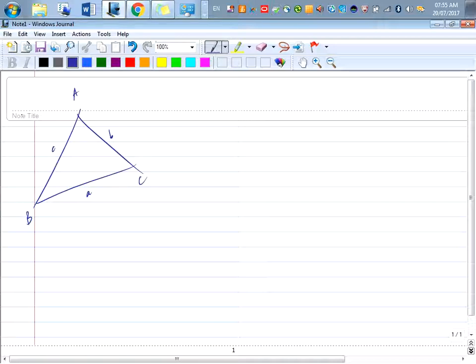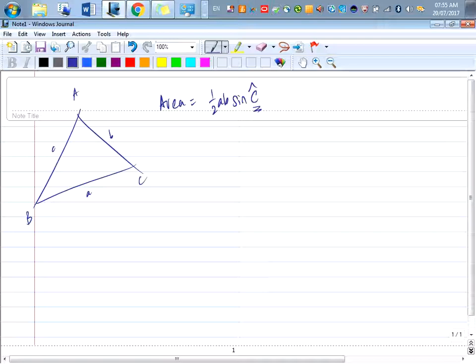Okay? So for area, we have half ab sine C. And what do we say about this angle C? What do we call this angle C? It starts with I. Included. What does included mean?